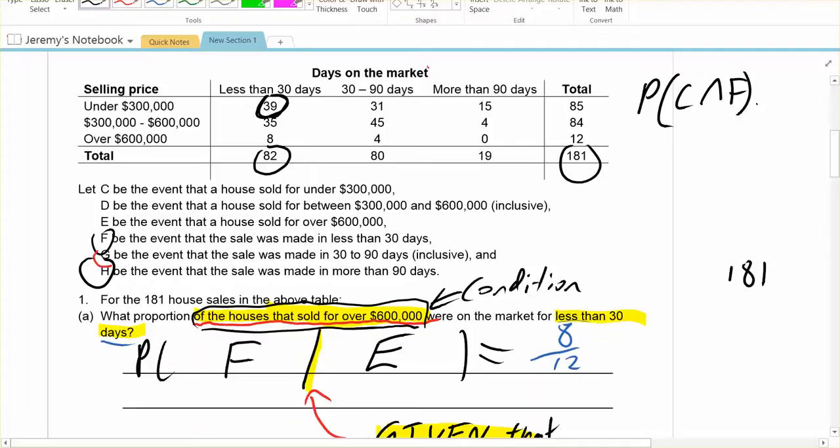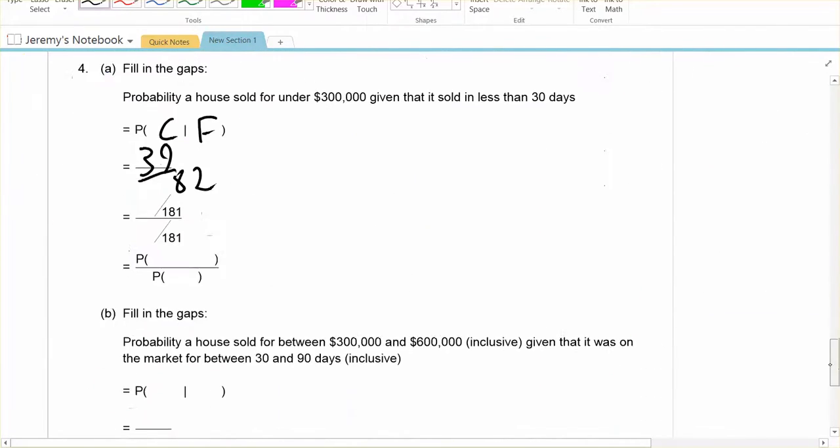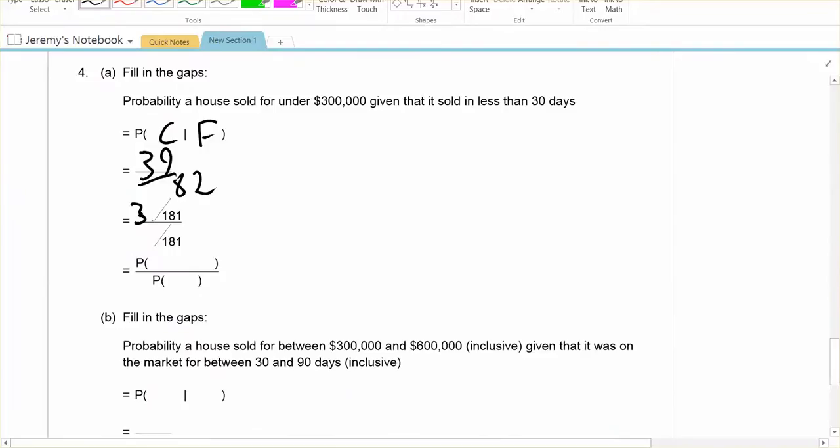So C and F would be 39 out of all 181. So if we write that down, that would be C and F. So 39 out of 181, that would be the probability of C and F.